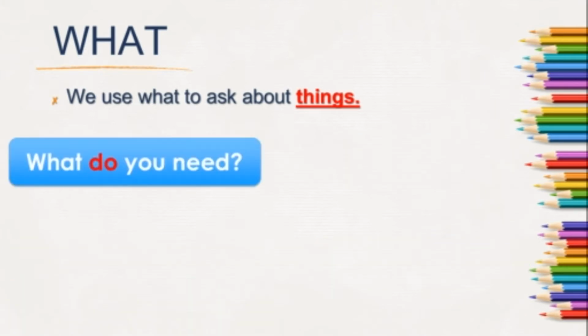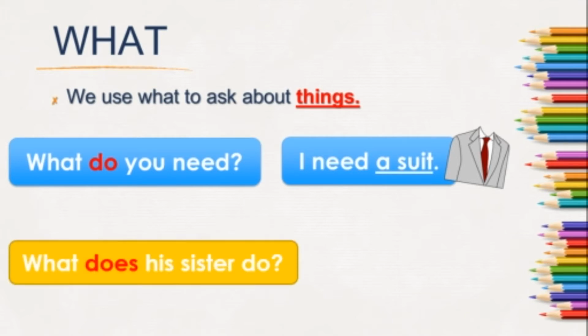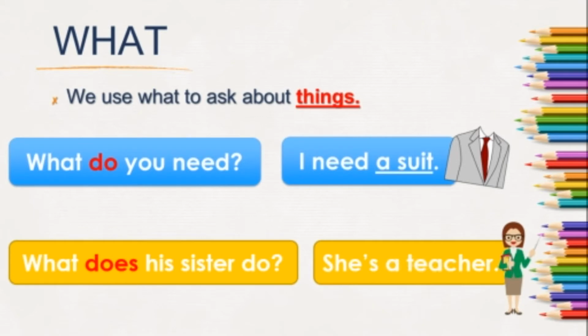What do you need? I need a suit. What does his sister do? She's a teacher. In these sample questions, we have auxiliaries. The auxiliaries we use to ask in the simple present are do and does.